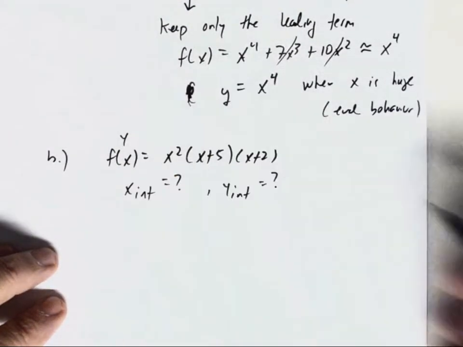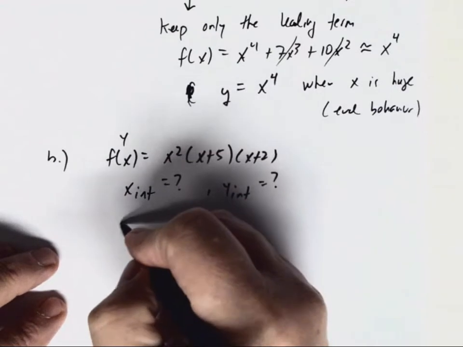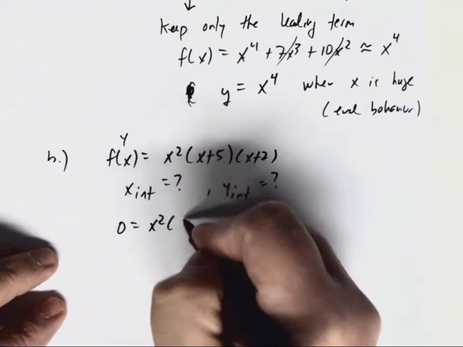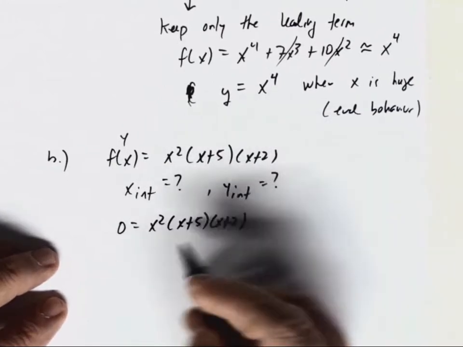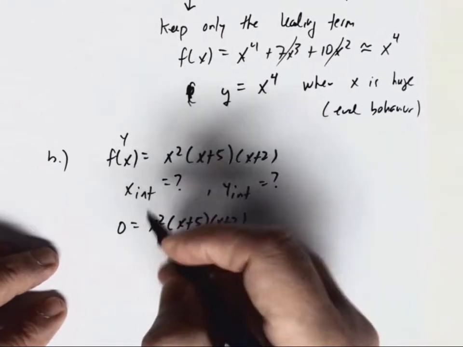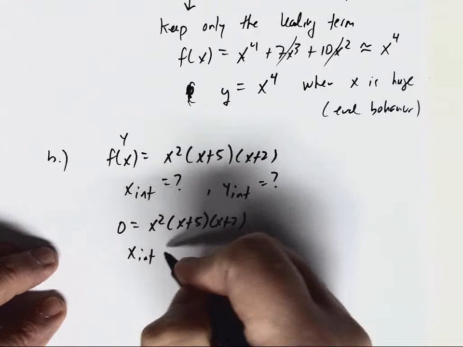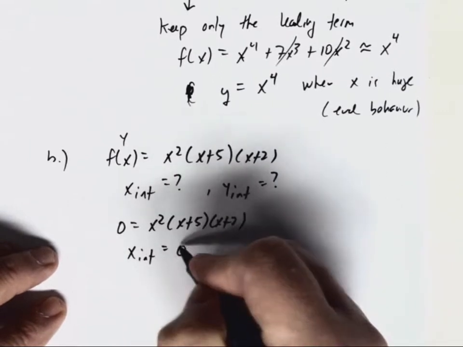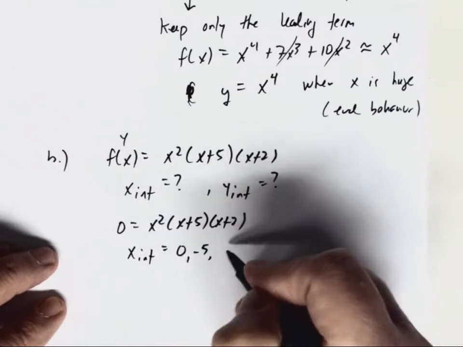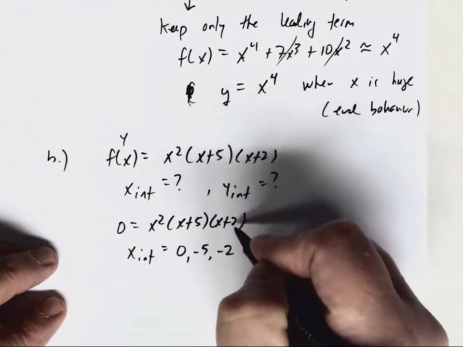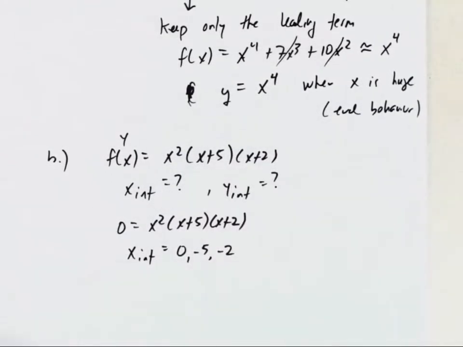We can think of f of x as y. So when I solve this equation, x would either be 0. From here, x is minus 5. From here, x is negative 2. So there are my x-intercepts.